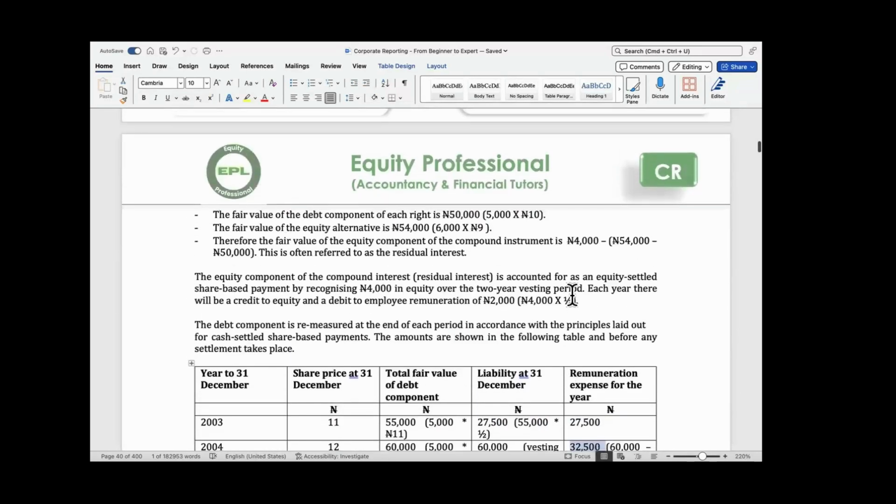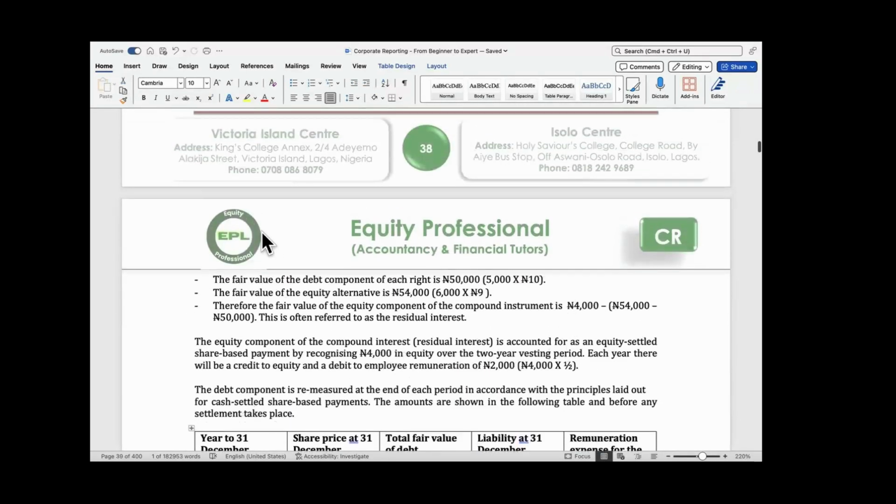The only work you need to do here is for you to separate the debt from the equity. That's your first work at the beginning of the year, to know what value is the debt, what value is equity. For the equity settled, just spread it equally. The examiner will not give you a scenario where somebody will leave.